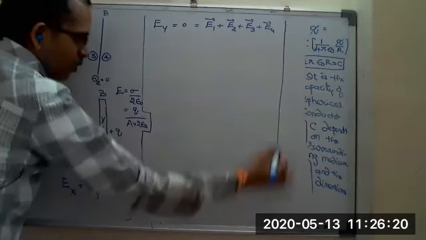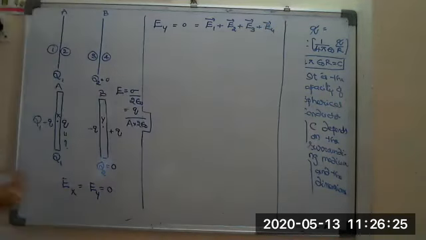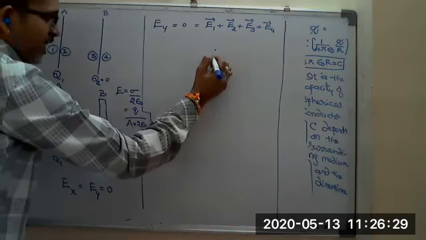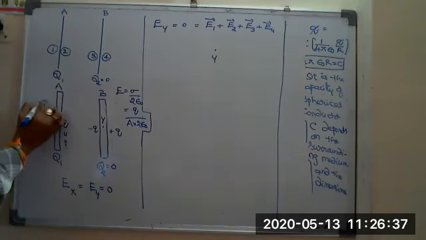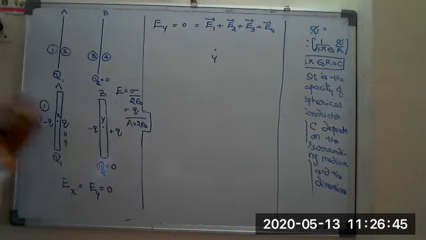So I am going to take E1 plus E2 plus E3 plus E4. I am taking the point Y here. The same thing I am drawing there. First, I'm going to find out the field intensity due to the first. This is the positive plate. That's why these two charges are positive charges.